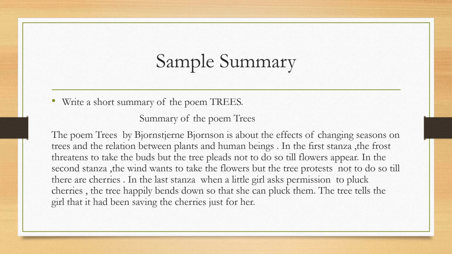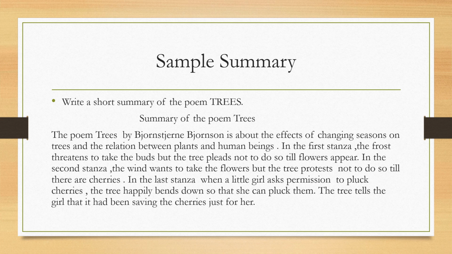Now, it is not compulsory that you write these words only. You can write in your own words. You can write that the poem shows how the changing seasons or how different seasons affect the tree and what is the relationship between plants, sorry, plants and human beings.